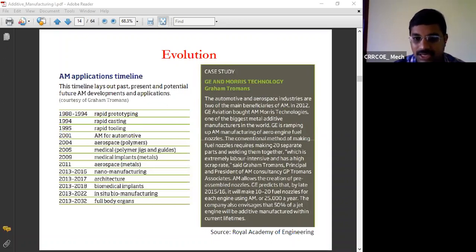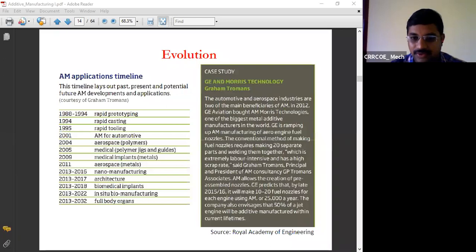Before, when they adopted the conventional or traditional methods, they required 20 separate parts and welding them together, which is extremely labor intensive. The labor cost of the process is very high, and the scrap rate, the wastage of material, is very high when implementing traditional manufacturing methods.